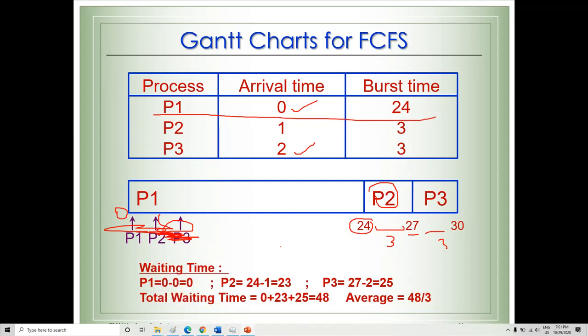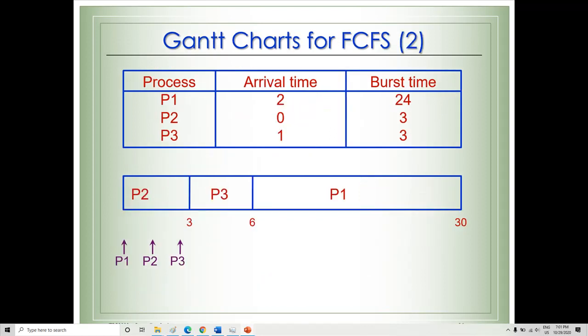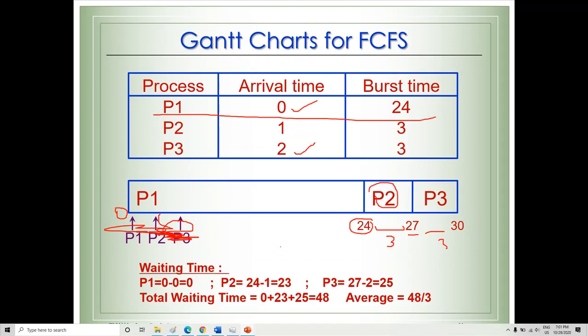One of the criteria is waiting time, and another one is called turnaround time. So we shall use both criteria here to analyze the waiting time and turnaround time.